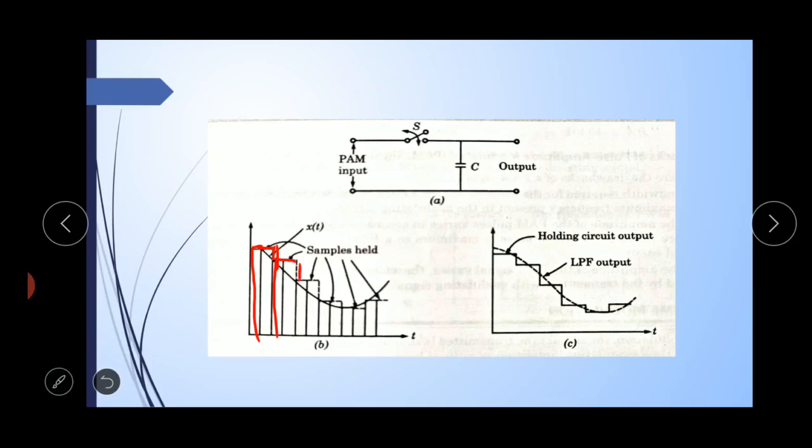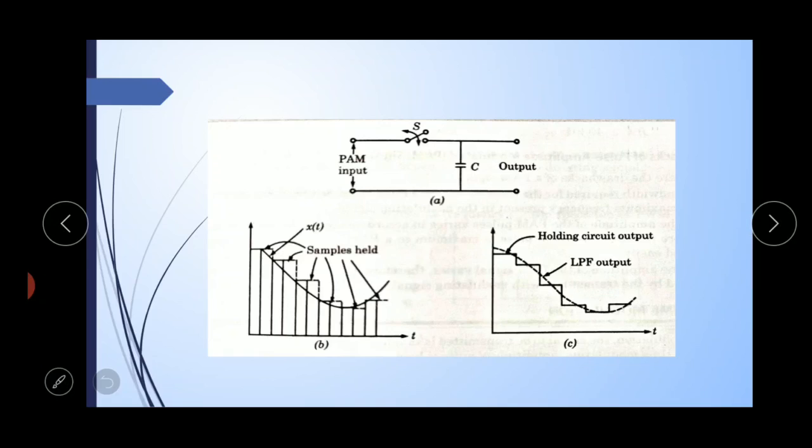Again the value decreases and it charges to the peak value of the next pulse and holds the charge until the next pulse comes. This process repeats again and again. So the structure comes like this. Here it is given.